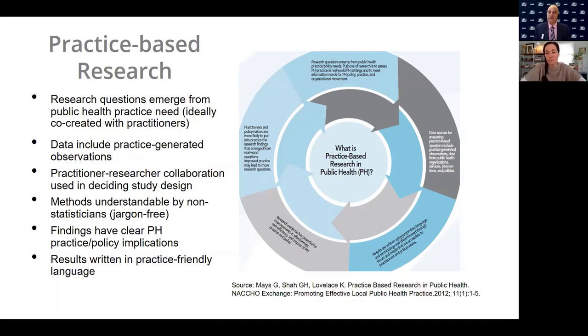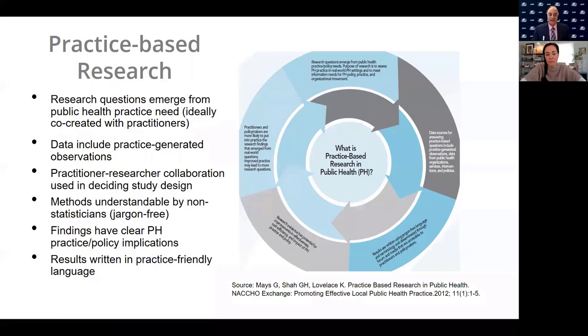So the research questions emerge from public health practice needs. And as I said, preferably the topics should be co-selected by researchers and practitioners. Data should comprise practice-generated observations. Study design should be decided through practitioner-researcher collaboration, because obviously, if it's practice-based research, the methods should be understandable, at least to the practitioners, by the practitioners.